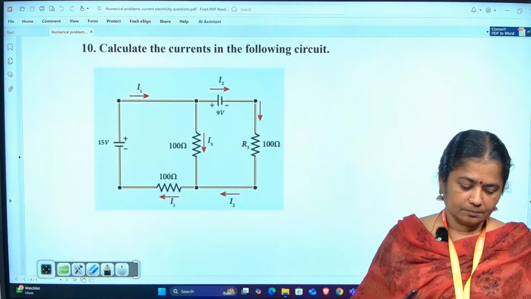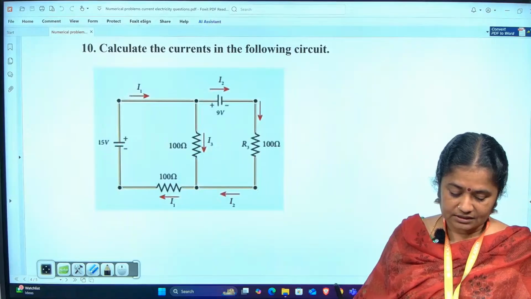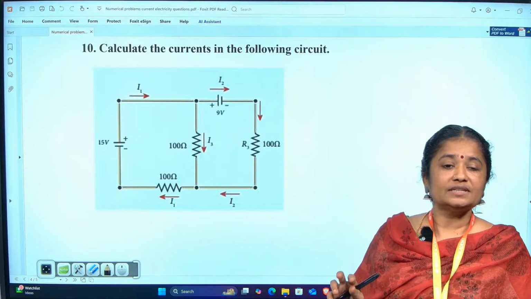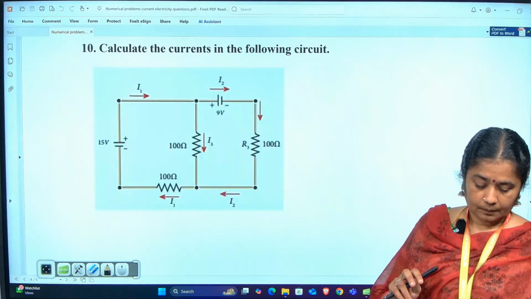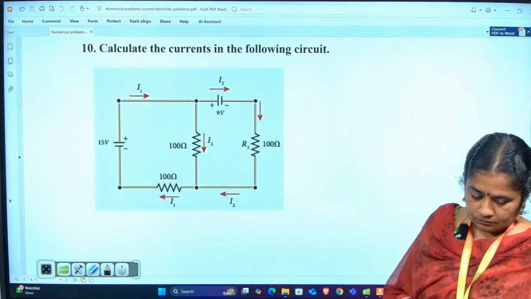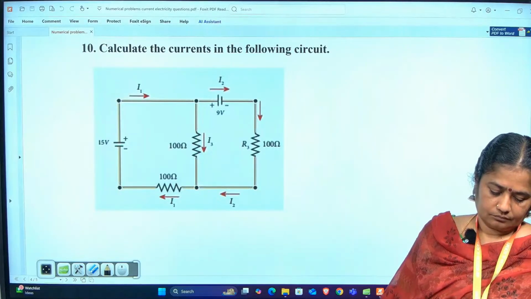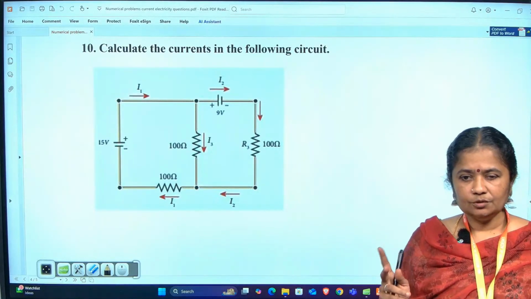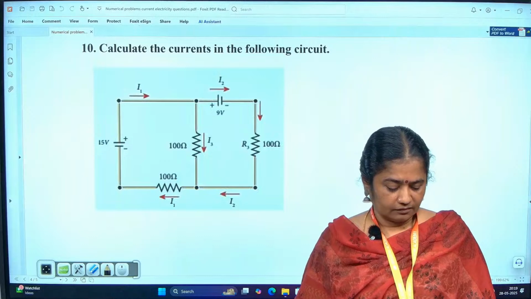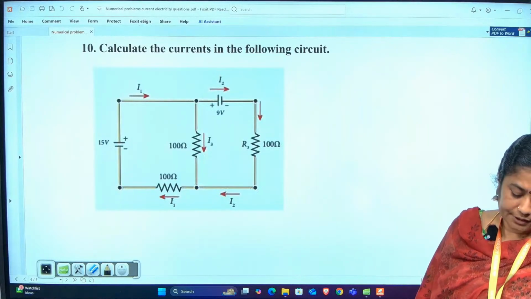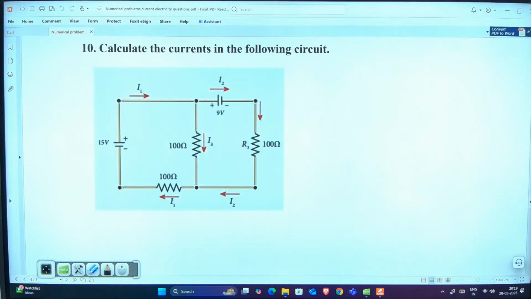Second: 100 I1 plus 100 I2 is equal to 6. But I1 is equal to I2 plus I3. Solve I2 and I3. Once you know I2 and I3, you can add and find I1.